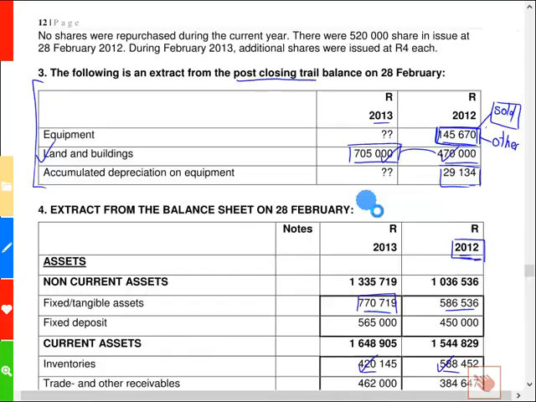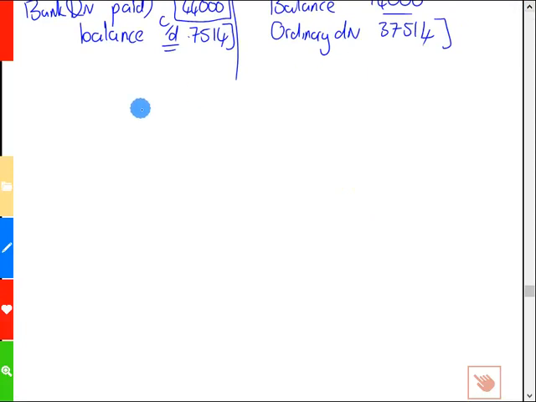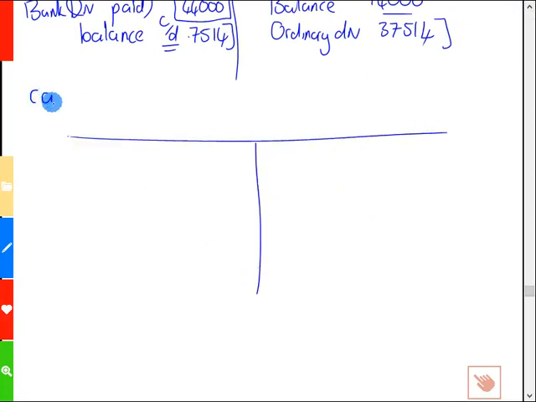Now, easiest way to do our tax paid calculation is to use our T account again. That's the method I prefer. You can use the note as well, but I'm going to show you the T account. You should know the note off by heart as well. Here is my SARS T account. It can be, remember, an asset or a liability.